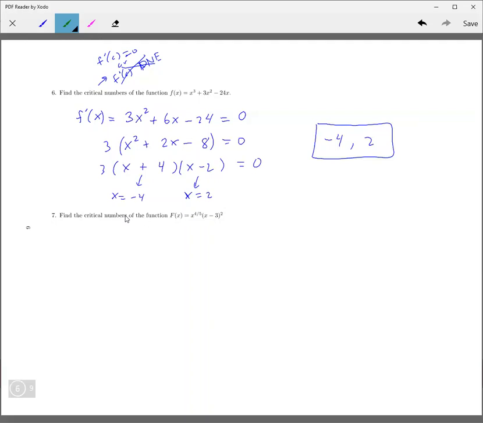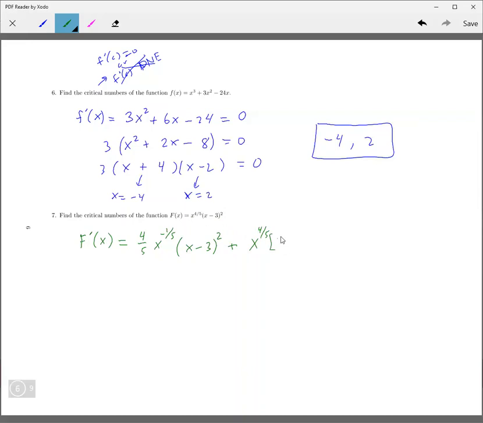Okay, let's try number 7. Find the critical numbers of this. Again, it's where the derivative is 0 or it doesn't exist. Okay, so we'll take the derivative. This is going to be the product rule. So the derivative of the first one is 4/5 x, okay, 4/5 minus 1 is negative 1/5, times the second one, plus the first one times the derivative of this one.